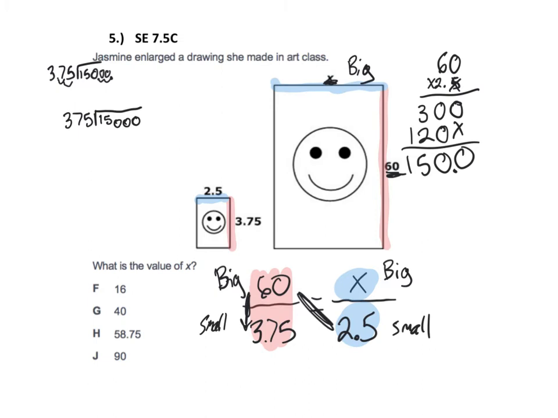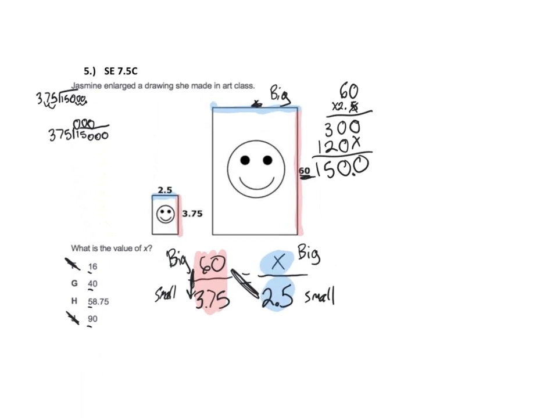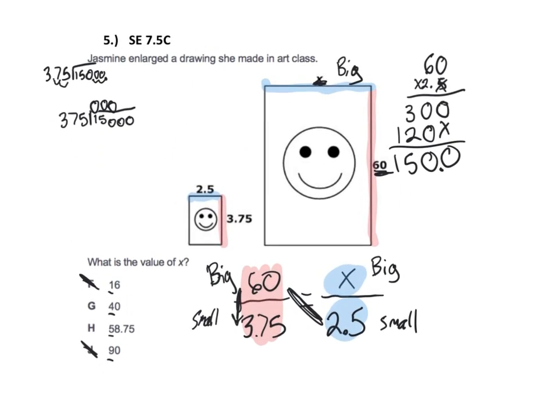So 375 goes into 1 0 times. Let's get the pen. 1 0 times, into 15 0 times, into 150 0 times, into 1,500. Now we have a few options. It can be 1, 4, 5, or 9. I think the 9 is too big. I think the 1 is too small. So we can eliminate the 1 and the 9. Now let's try the 4.